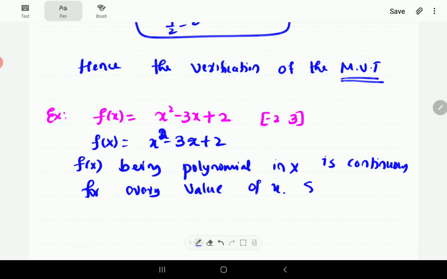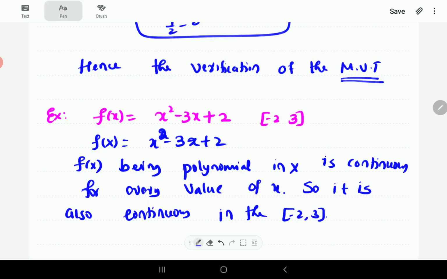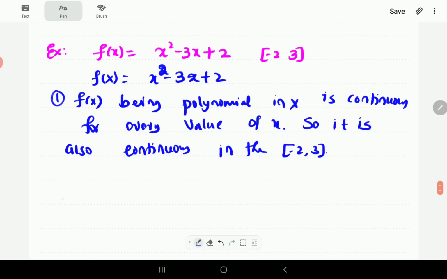So it is also continuous in the closed interval -2 to 3. That is our first condition. The second condition is the derivability. Okay, so also if you check again, you can check your f dash of x. f dash of x is what? 2x minus 3. So this 2x minus 3, it is finite and unique.